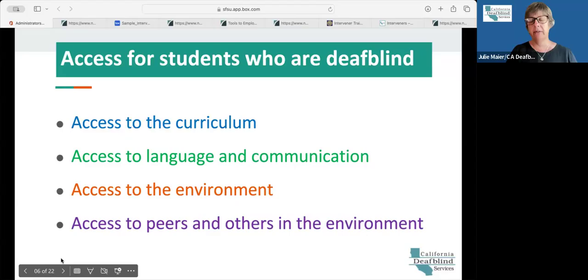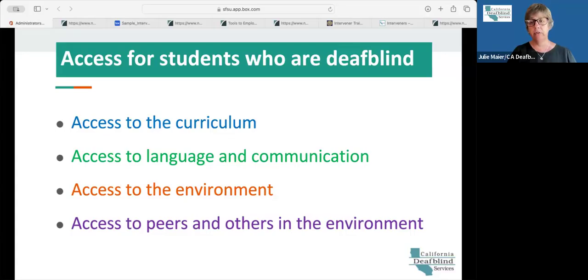So let's talk about that phrase, that intervenors provide access. Personally, I think many times when people think of access, when it comes to school-age children, they think of access to the curriculum. But for learners who are deafblind, they require access to much more than just the materials and the instruction that's being provided. They also need access to language and access to communication, because they are going to be communicating and expressing themselves in different ways.